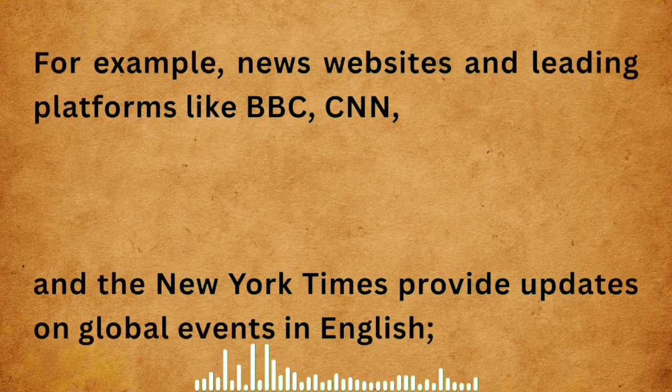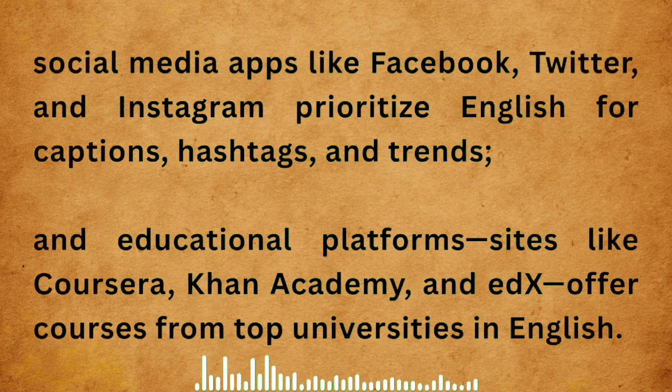For example, news websites and leading platforms like BBC, CNN, and the New York Times provide updates on global events in English. Social media apps like Facebook, Twitter, and Instagram prioritize English for captions, hashtags, and trends.